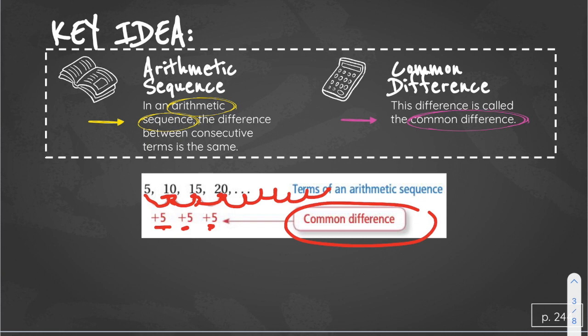Something to notice is that they say we're always adding, but really we mean we're always adding or subtracting. So we could have 20, 15, 10, 5, 0, -5. The way they talk about it, they would say that we're adding a -5 every time.